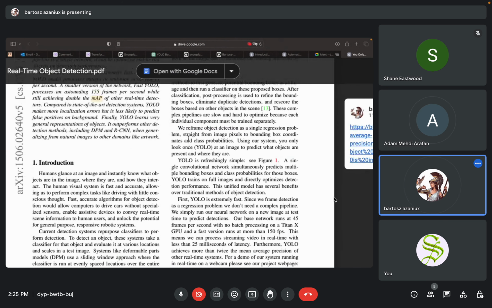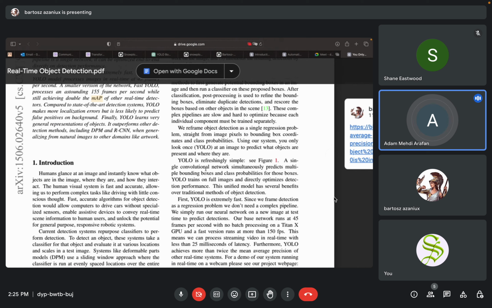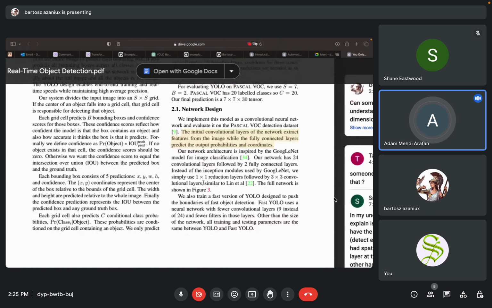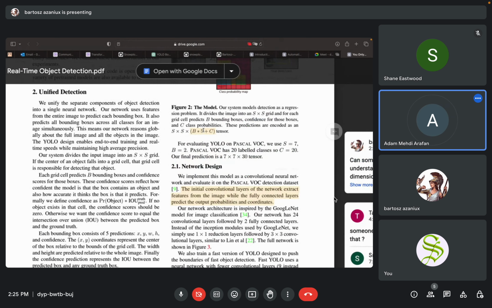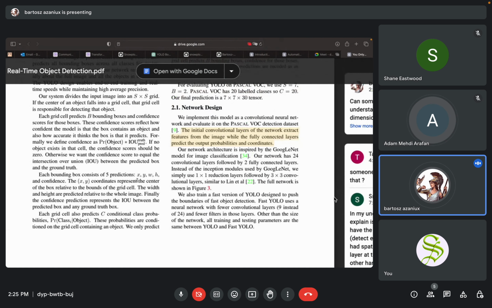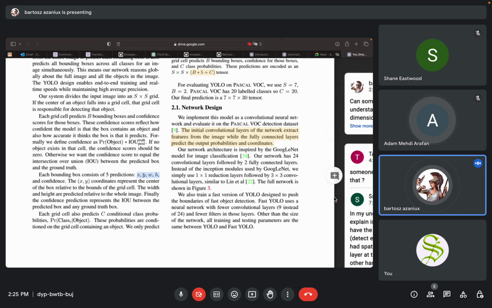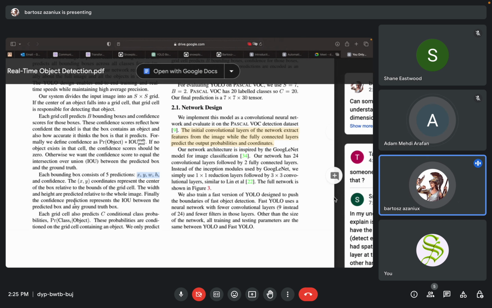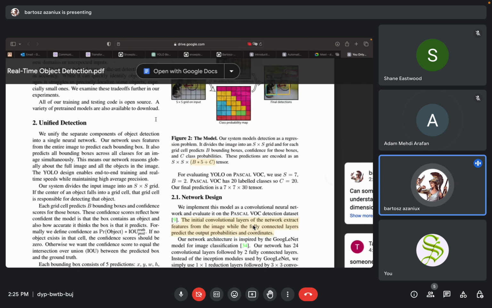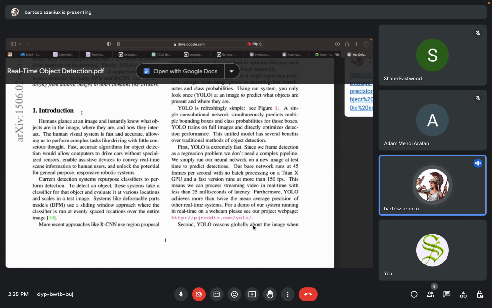Especially the 5, I'm curious about why the bounding boxes need to be scaled by 5. So the 5, to answer a quick question, comes from x, y, w, h, and the confidence score. So this is where the 5 appears. Okay, let's come back a bit.